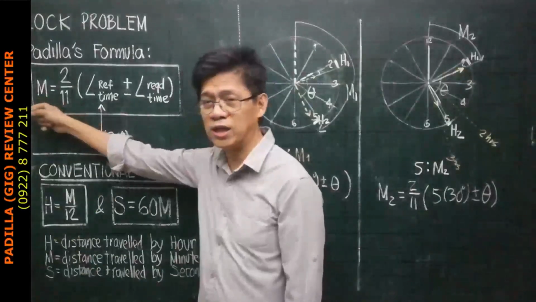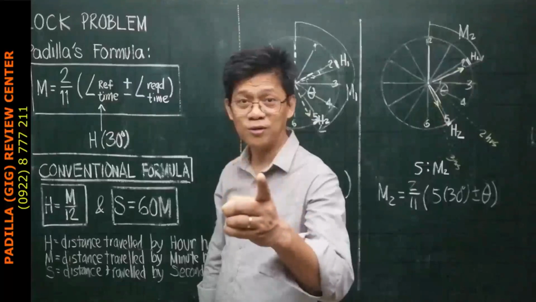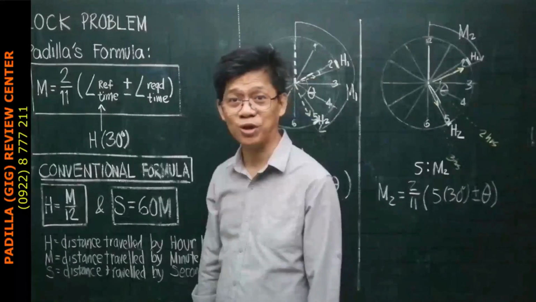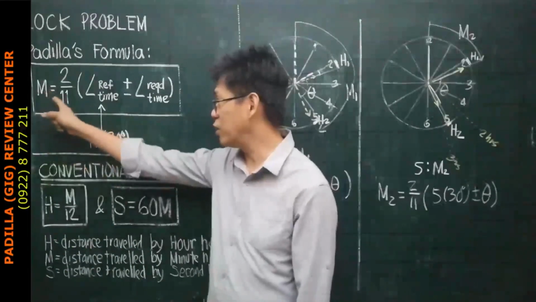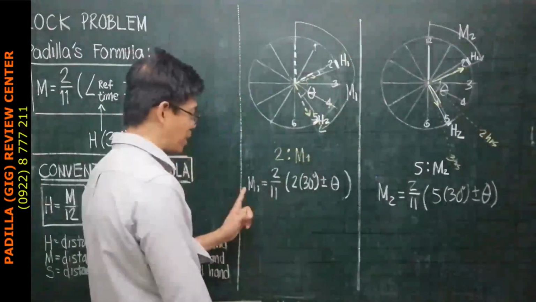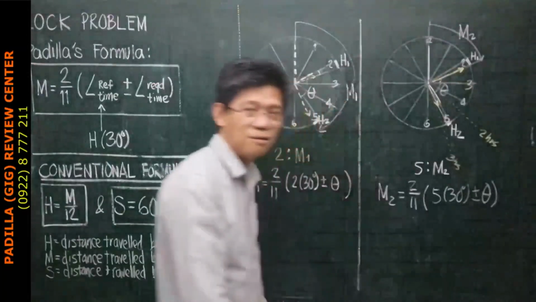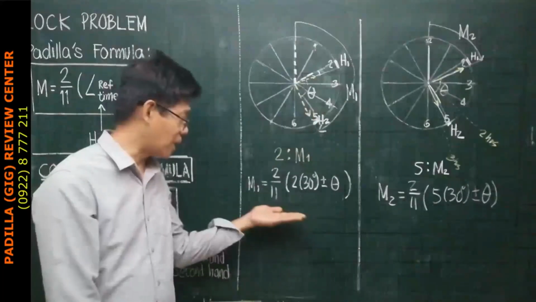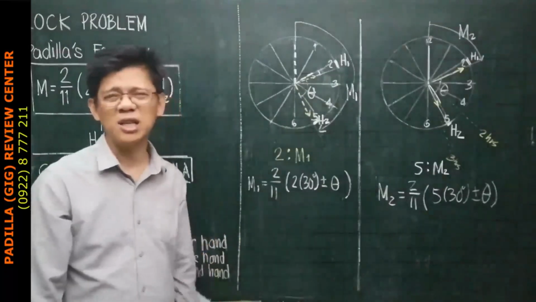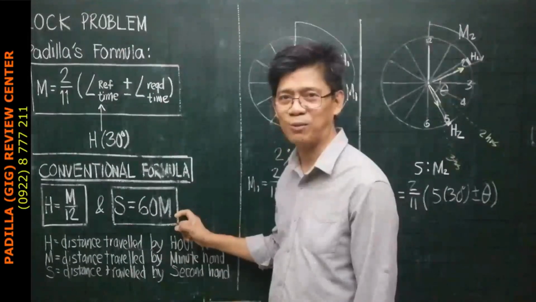If you use the Padilla's formula and there is only one unknown, you can directly solve the question. But if there are 2 unknowns left in the equation, like here, we have M1 and theta, we have M2 and theta, then sobra yung unknown mo, so it's better to shift to the conventional formula.